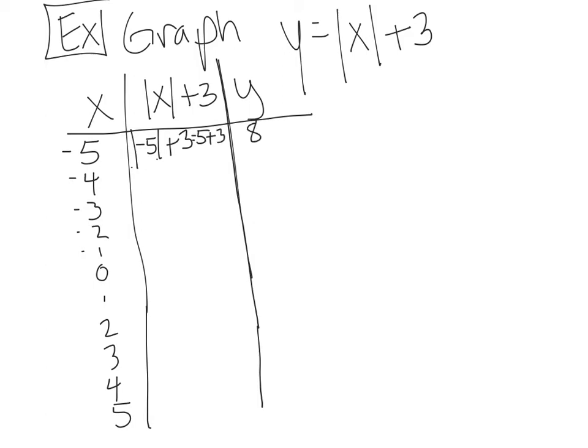So this is going to be a positive 8. Absolute value of -4 plus 3 is the same as 4 plus 3. So this is going to be a 7. This is going to be a 6.